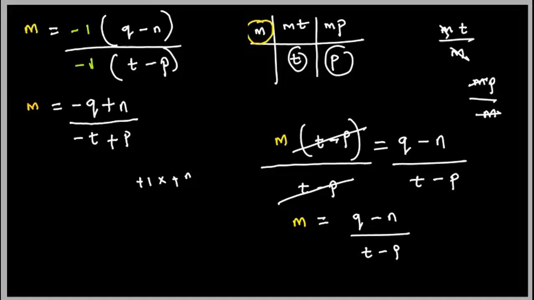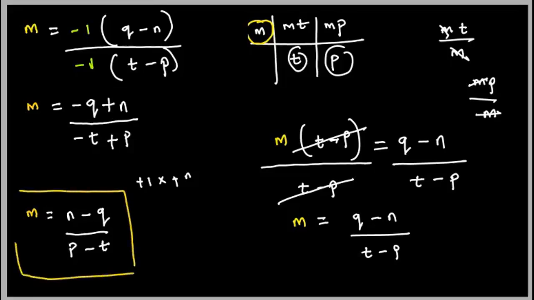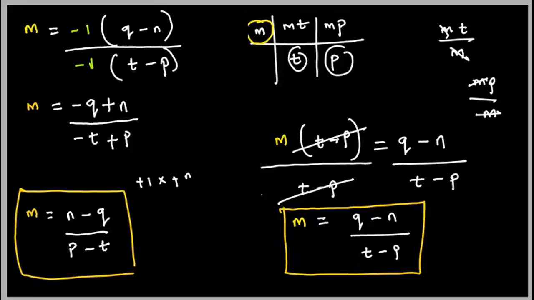I can write this expression by saying that n is equal to positive n first, and then negative q, all over writing p first, that is positive p, and then negative t. So these two answers are the same. You can have your answer like this, or you can have your answer this way. They are both correct.